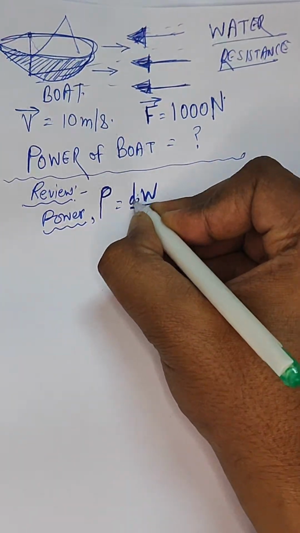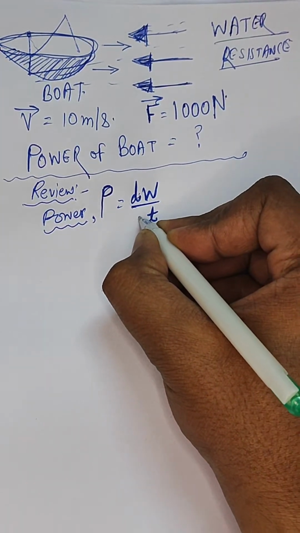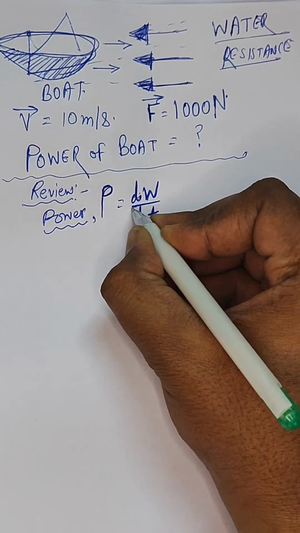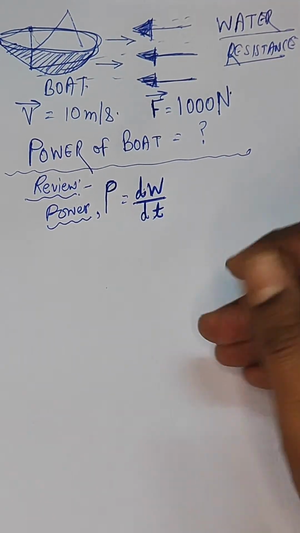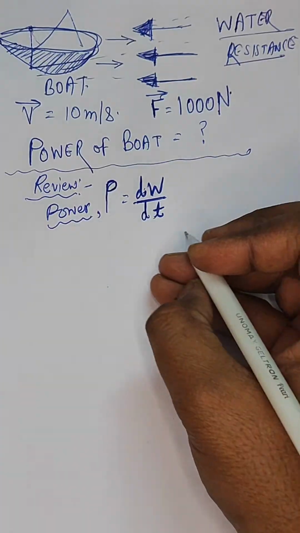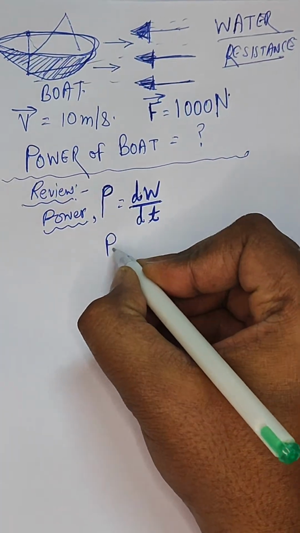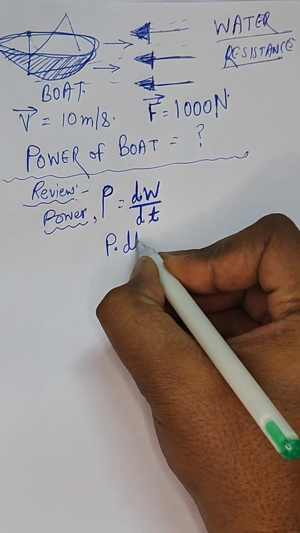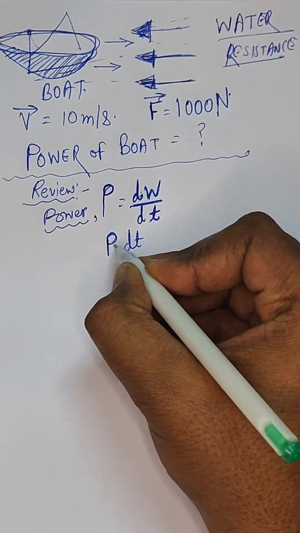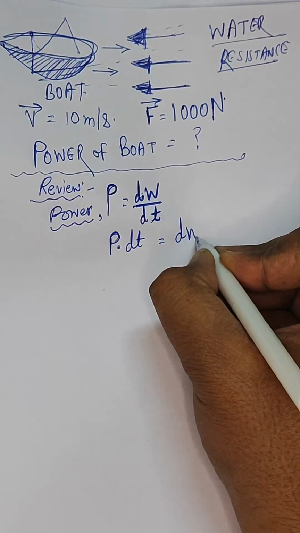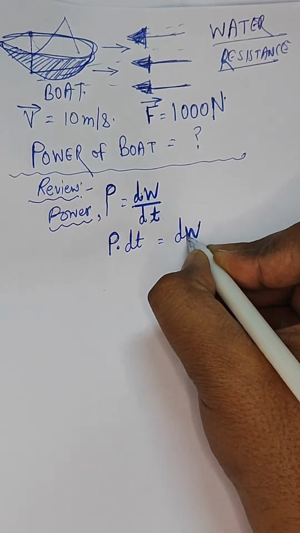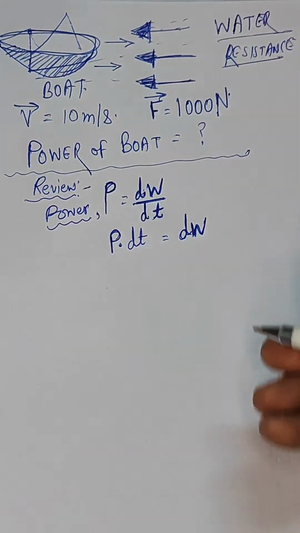It was represented by dW, the small change in the work done with respect to the change in time. Now this can further be written as P dot dt, that is power multiplied by a small change in the time, is equal to the change in work done, dW.